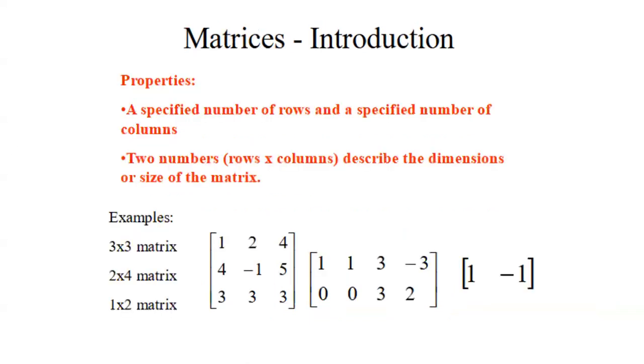Okay. So, some properties here. You have, as I said, rows and columns, and sometimes you hear a 2 by 2 matrix, a 3 by 3 matrix, and that sort of thing. Sometimes you hear the word order. The order of the matrix is a 2 by 2.